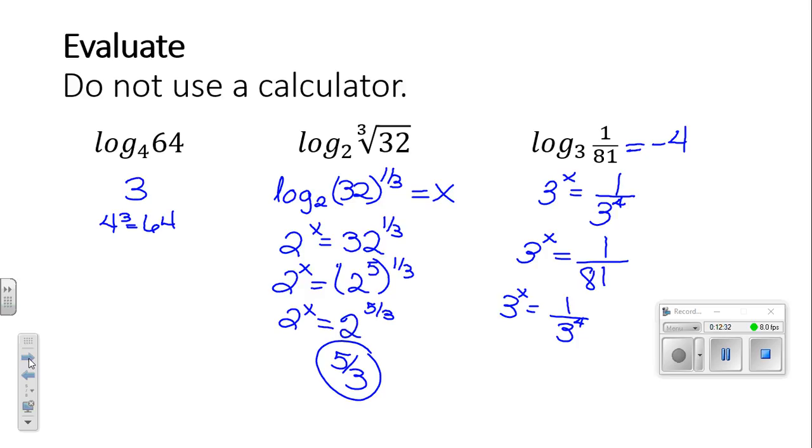So let's take it out of the bottom and make it a negative power so they're level. And so it would be 3 to the x equals 3 to the -4 when we bring it out of the denominator. So x has to be -4. So far, so good? Okay. All right.